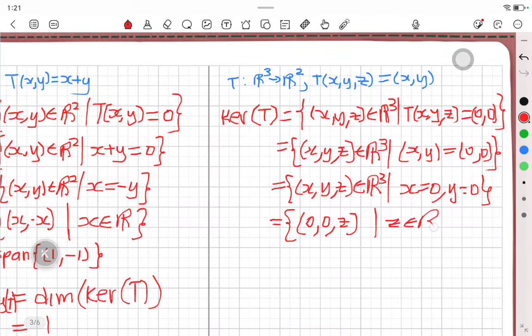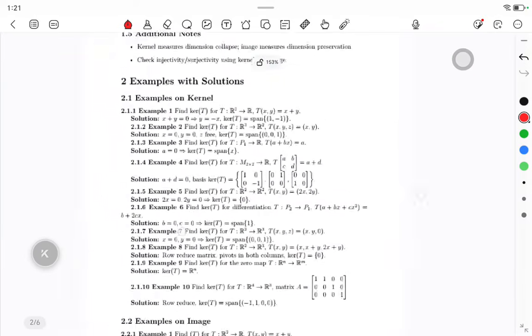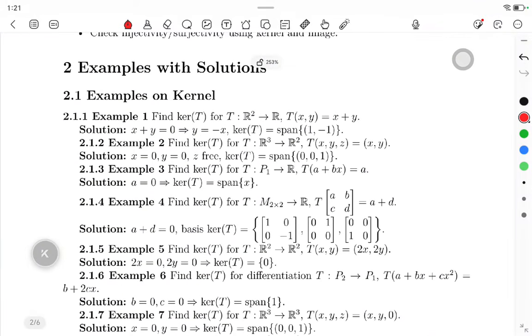So we define z as an element of the real numbers. So here we have the span already. The span is 0, 0, 1. We just take out that z. That's why our span was 0, 0, 1.